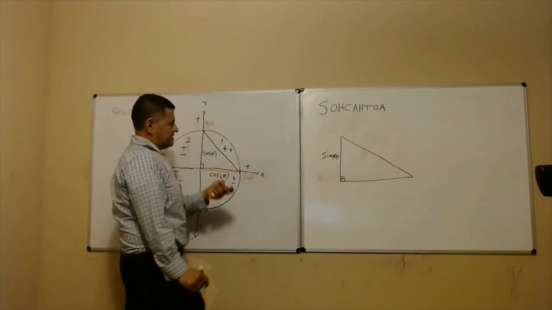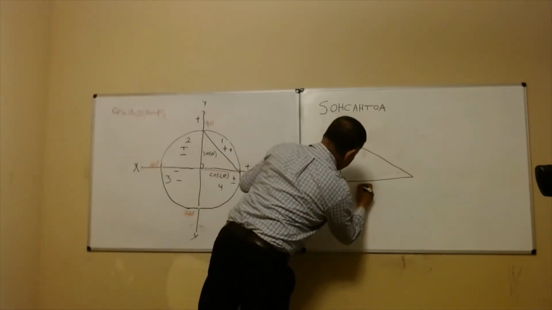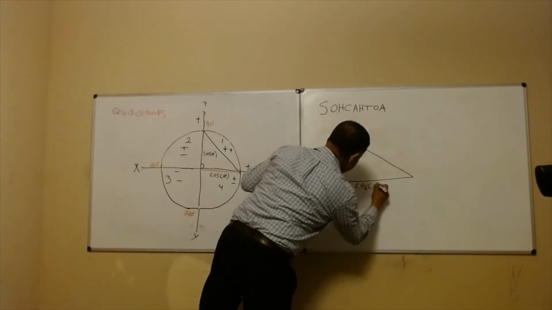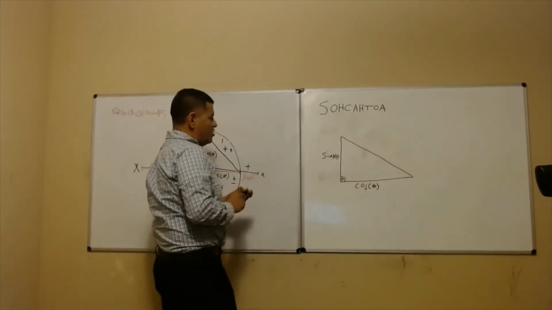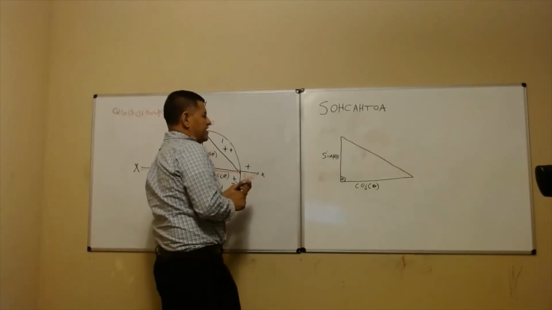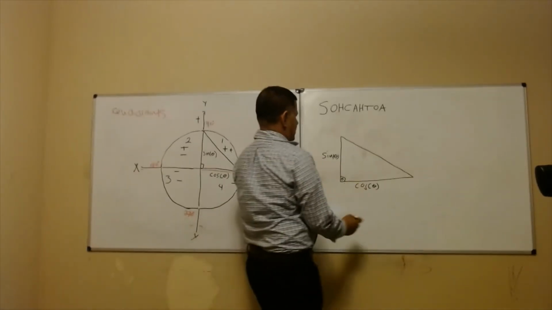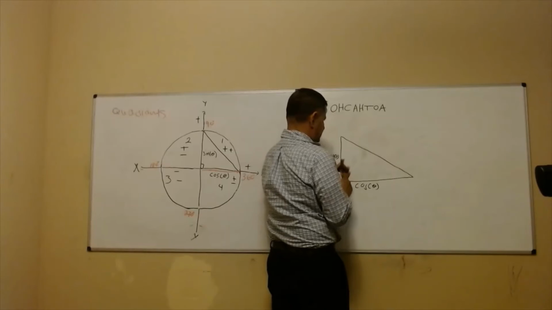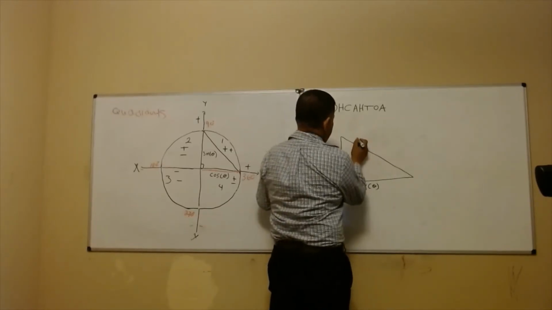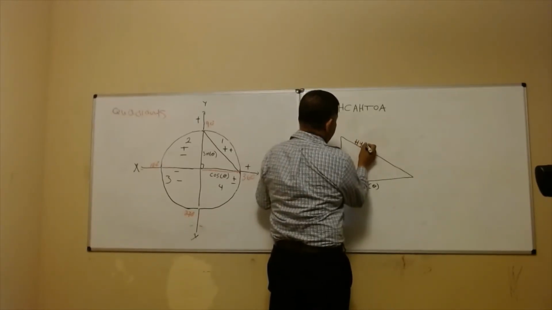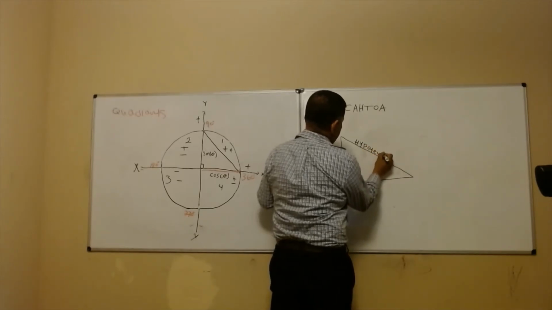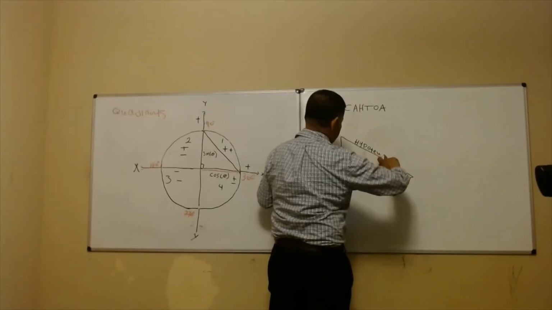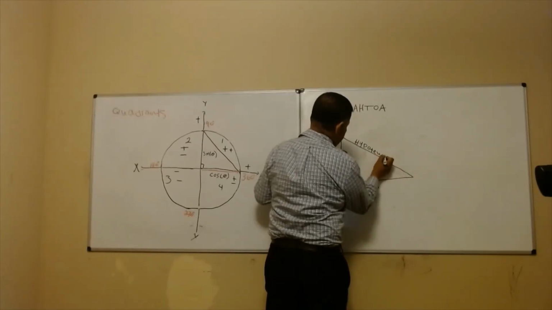This is the x-axis, so this is equal to cosine of theta. And we will introduce something called the hypotenuse here.